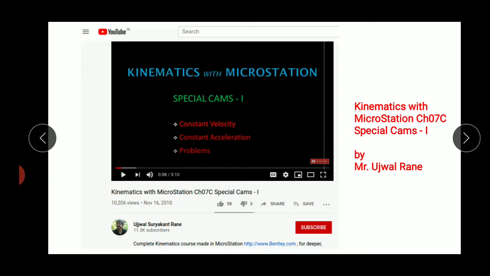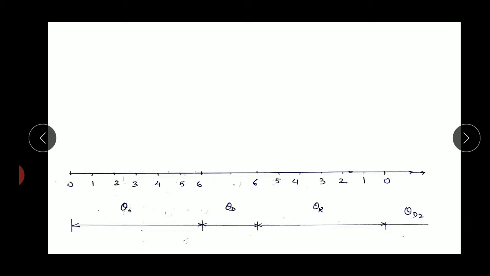So let's start with how to plot the displacement graph when the follower moves with uniform acceleration and retardation motion. Take a graph paper or a plain paper. The angle turned during outstroke will be given to you. It may be 60 degrees, 80 degrees, 100 degrees or something else.